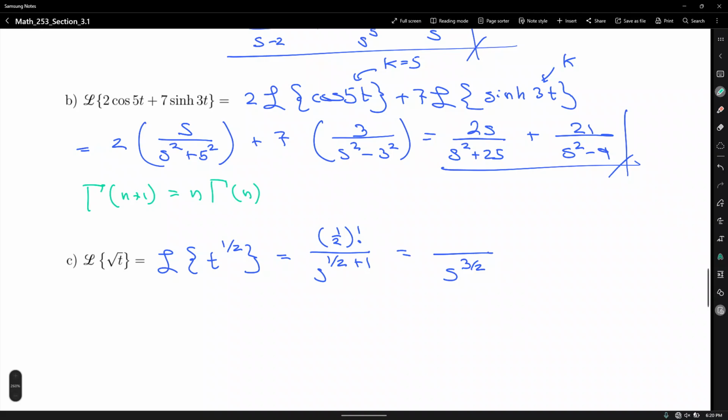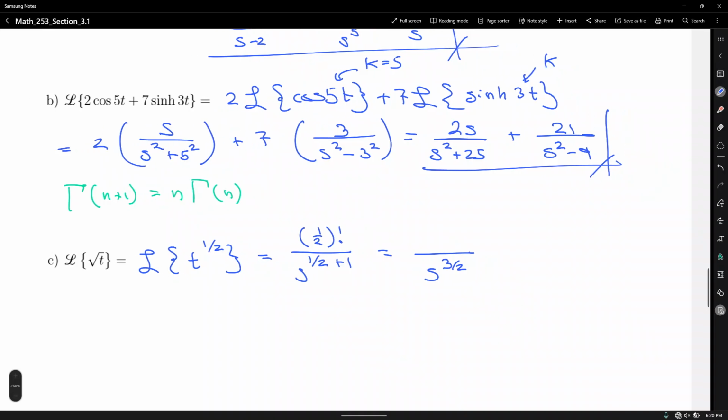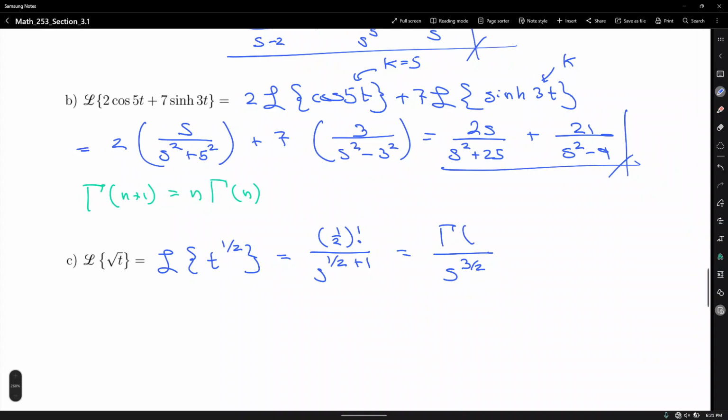So this is okay. This would be the same as saying gamma of 1/2 plus 1. That's by definition of the factorials. And then using the gamma function, this is 1/2 gamma of 1/2 over s to the 3/2.